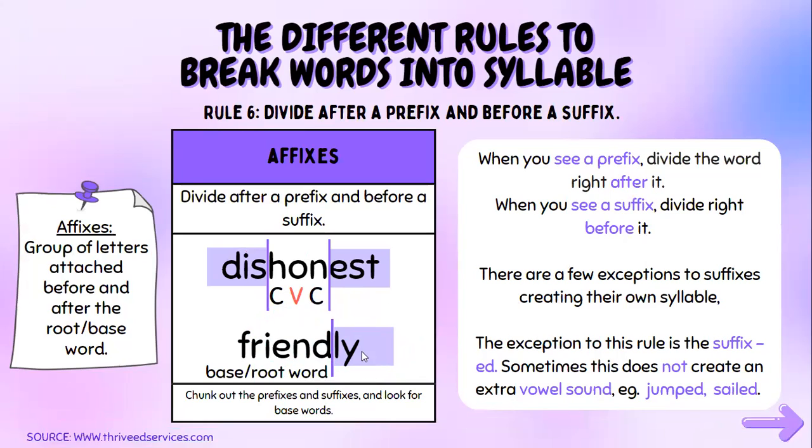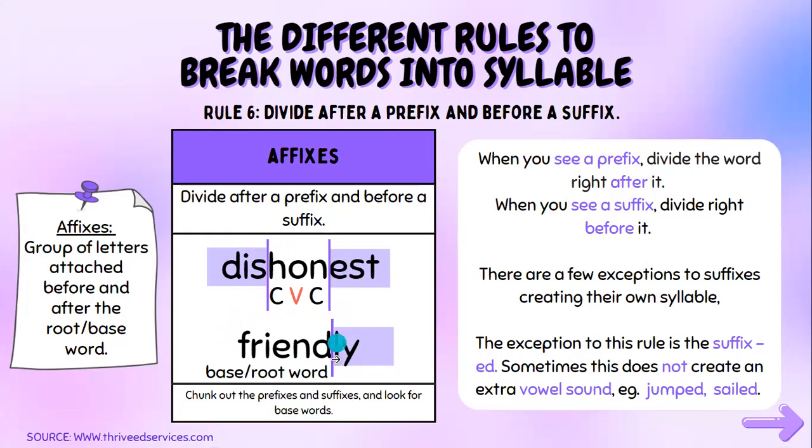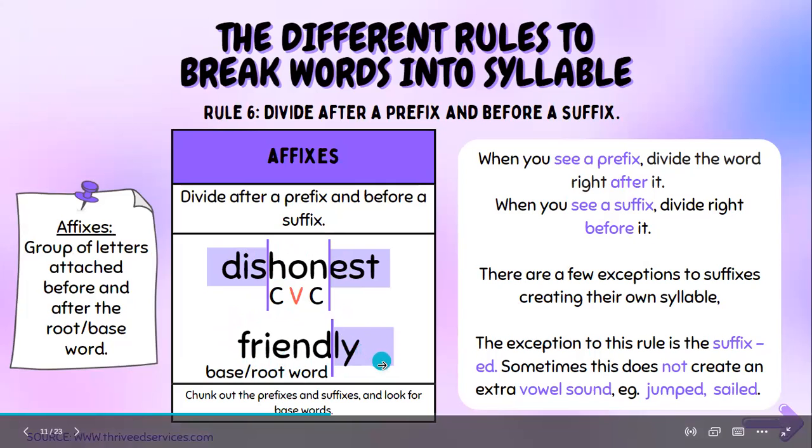Since usually prefixes and suffixes are one syllable, when there's a prefix or a suffix before or after a word, then we split it between the suffix or prefix and the root word. For example, with friendly, we split it between the root word, which is friend, and the suffix, which is ly. So the 2 syllables are friend and ly.